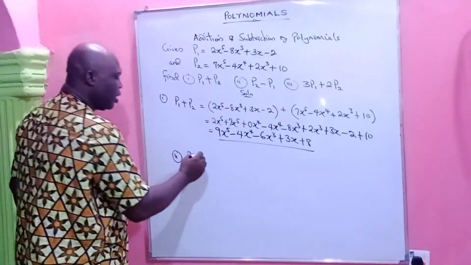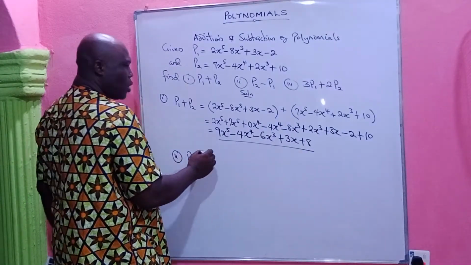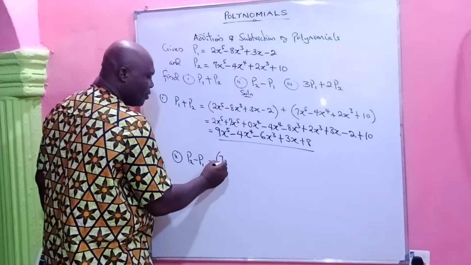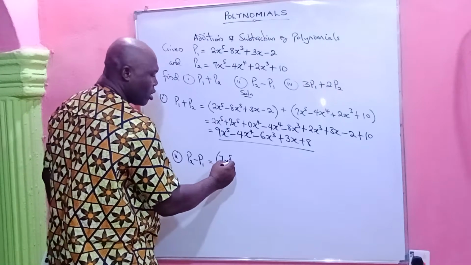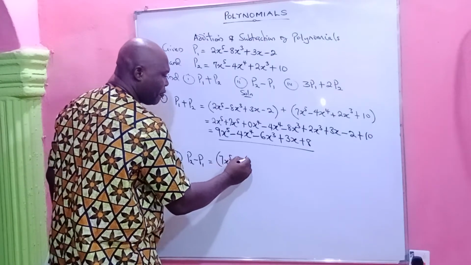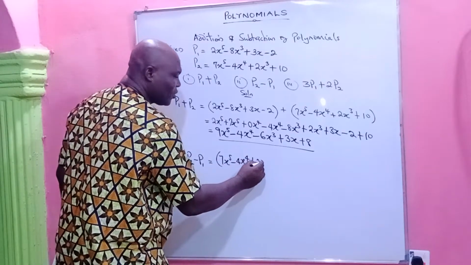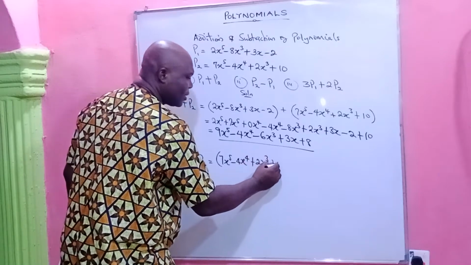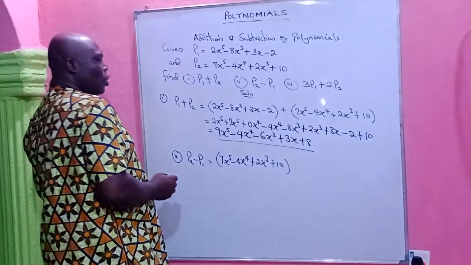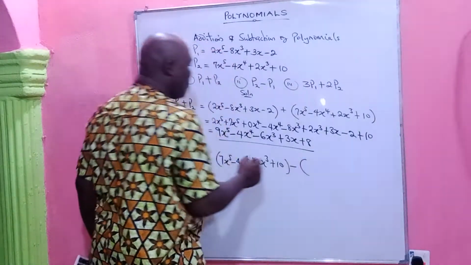P2 minus P1. So what is our P2? Our P2 is 7x raised to power 5 minus 4x raised to power 4 plus 2x raised to power 3 plus 10. That's our P2. So they say minus, what's our P1?